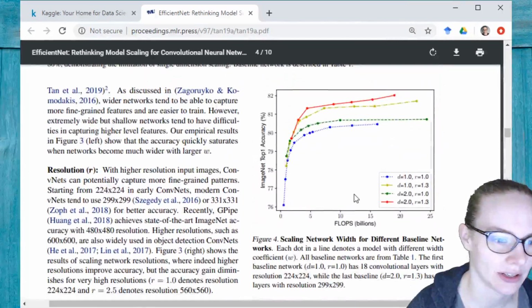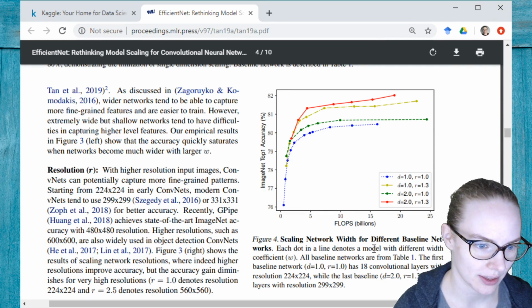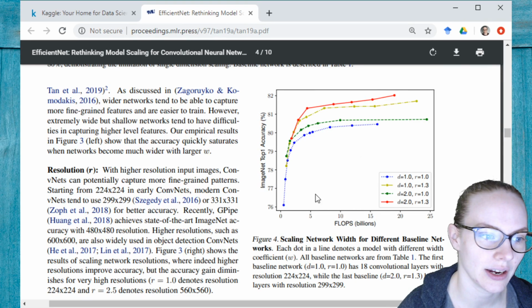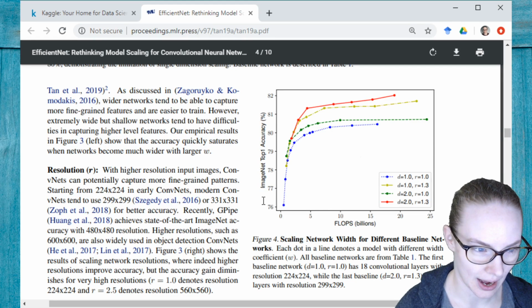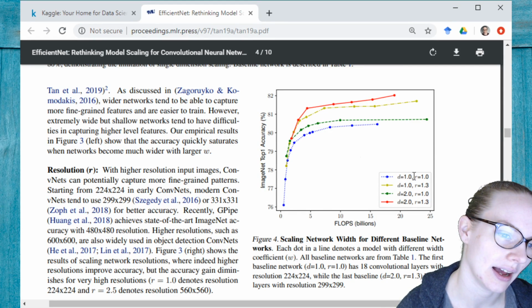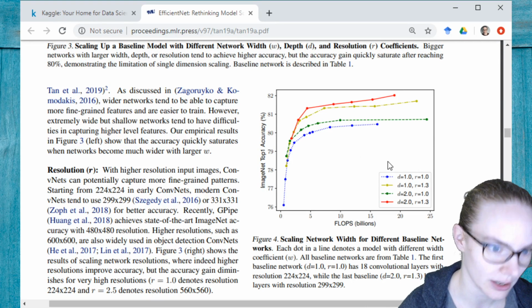And let's actually go up and look at this figure really quick. So, scaling network width for different baseline networks. Here we are increasing the width, and we have a still very shallow and low resolution network.